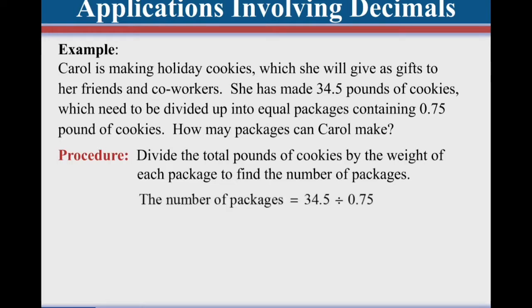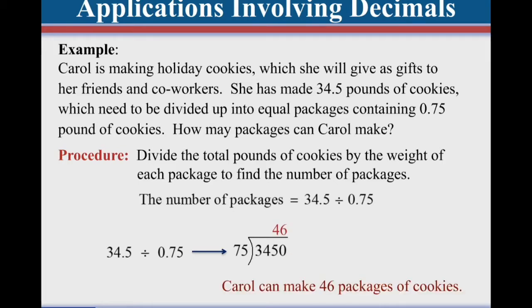And we just went over a whole section of division with decimals. So we know that we need to shift the decimal twice here and then go ahead and do the division. So we get 46 packages.